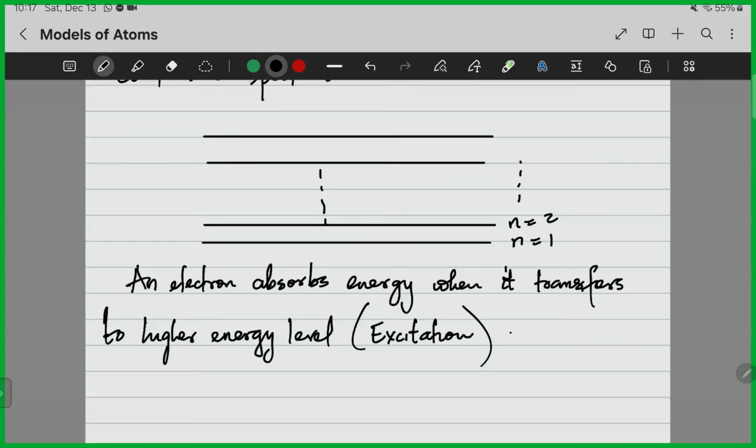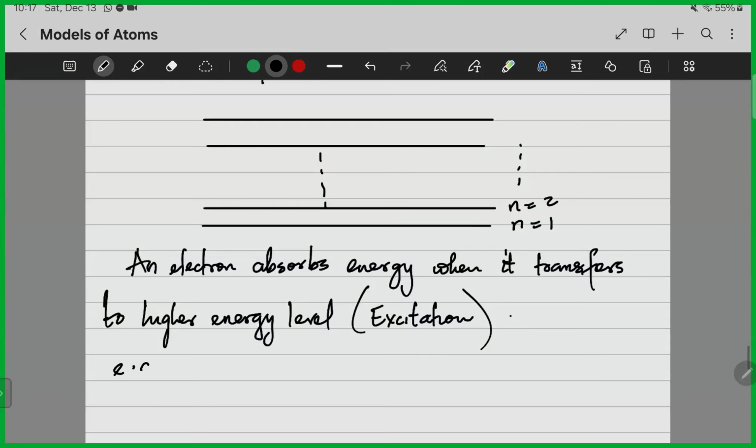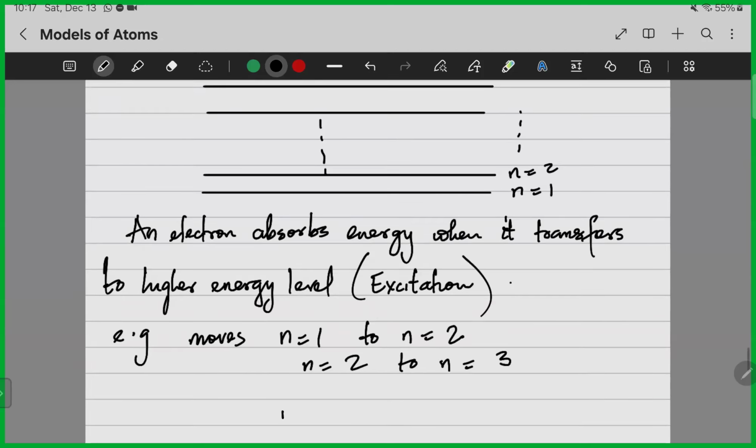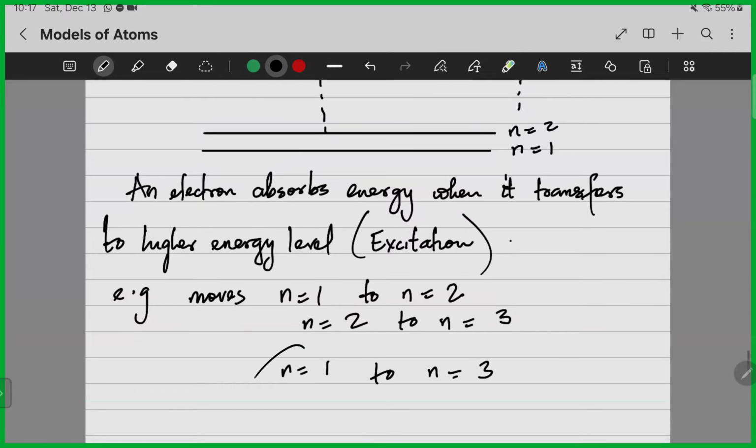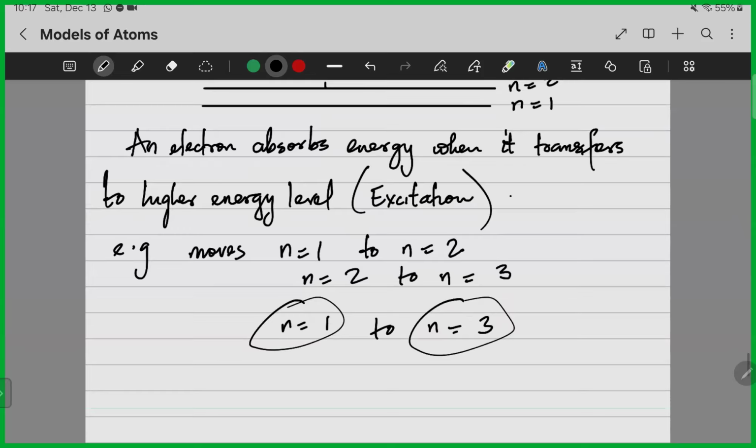So when an electron moves from, for example, n equal to 1 to n equal to 2, or n equal to 2 to n equal to 3, or from n equal to 1 to n equal to 3, so far it moves from lower to higher, the rule is that it absorbs energy to do that.